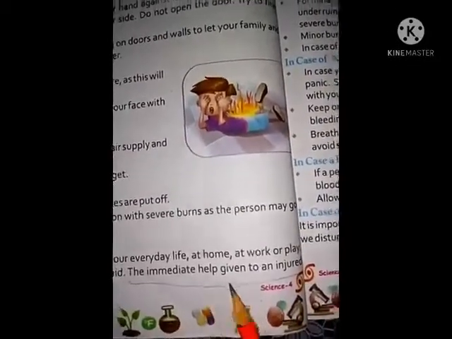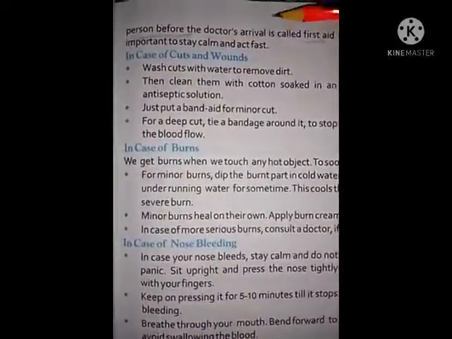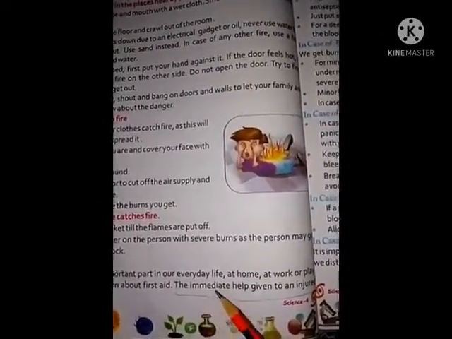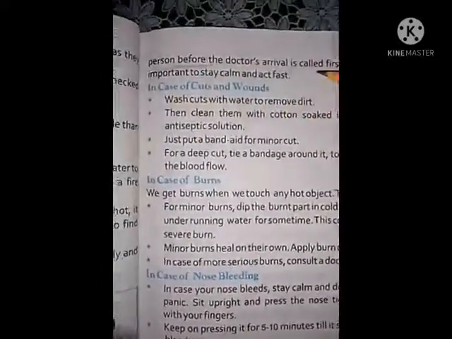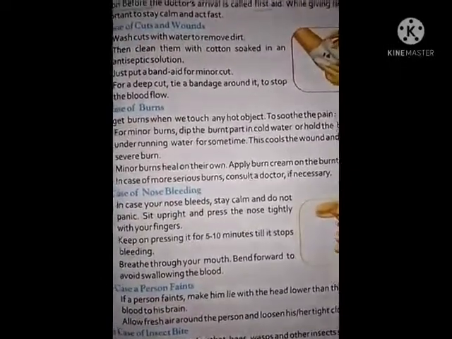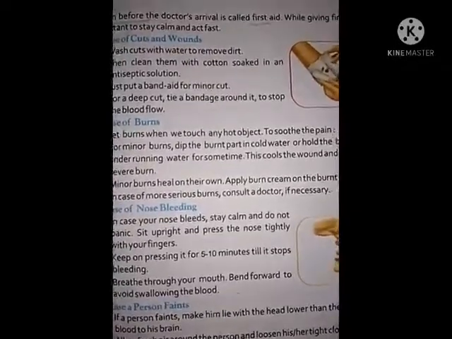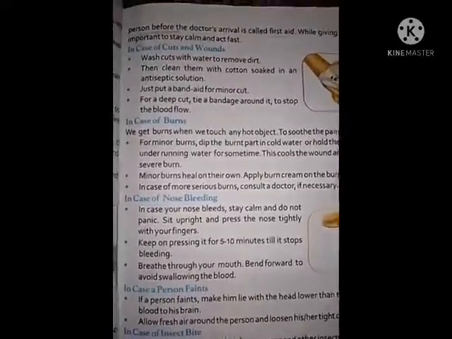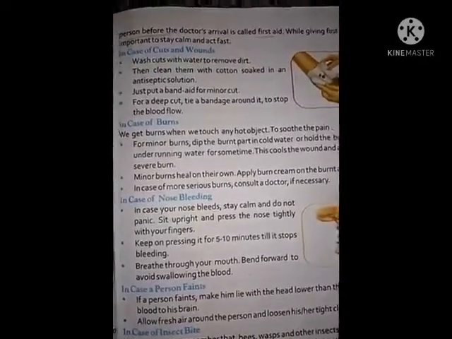We can't wait for the doctor without doing anything for that injured person. We have to do something to save his life before the doctor's arrival. So that immediate help given to an injured person before the doctor's arrival is known as first aid.